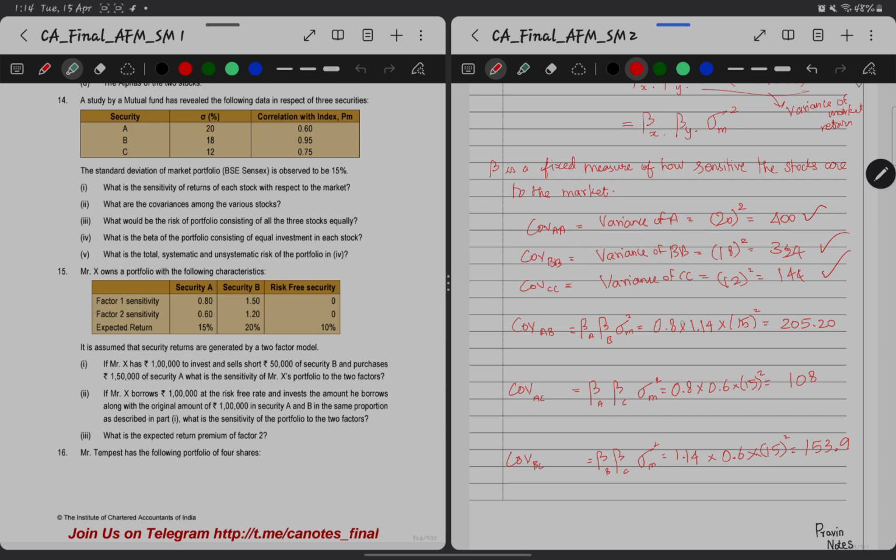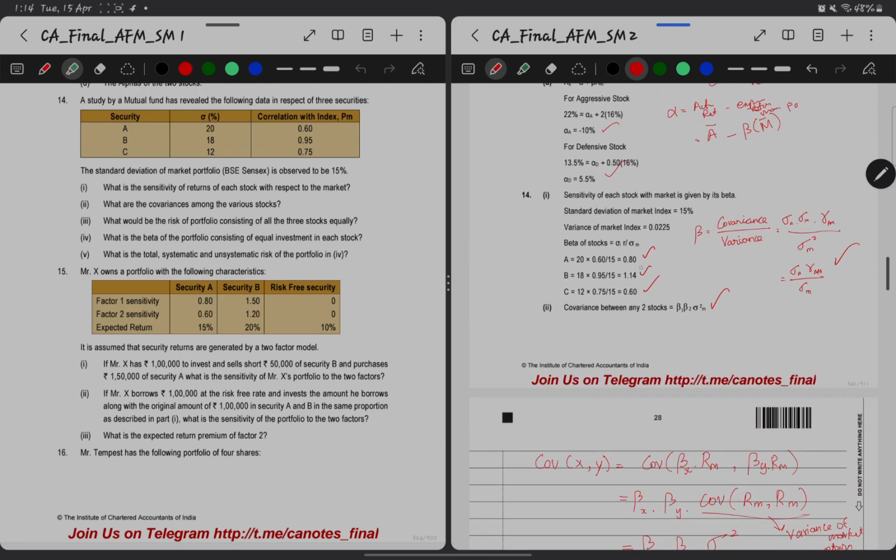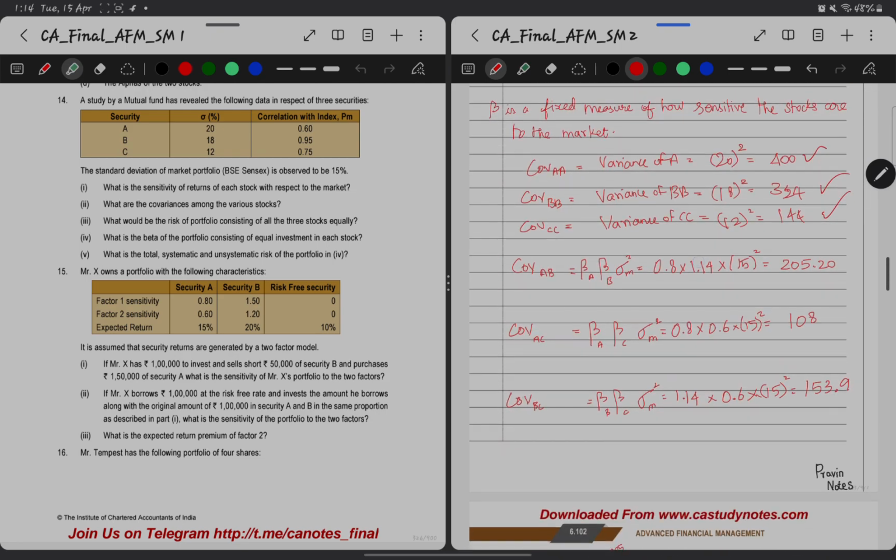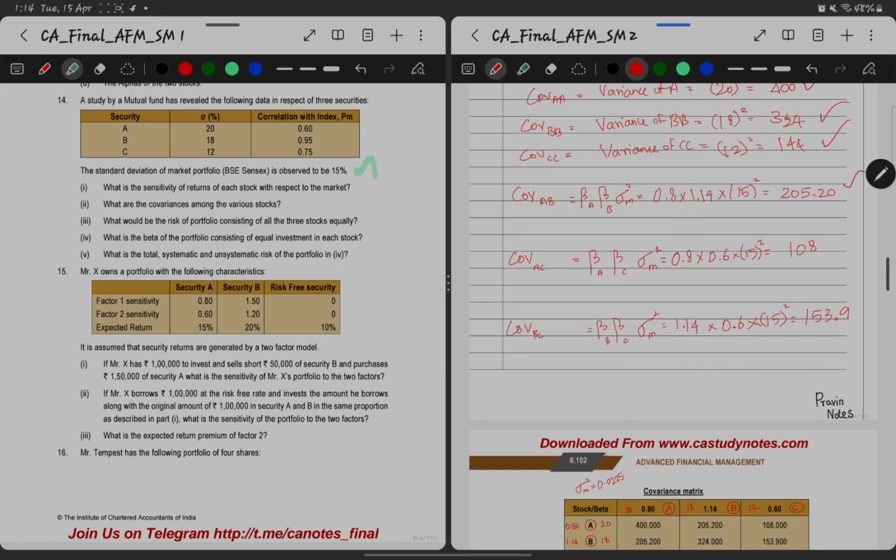So 0.8, which is the beta of A, and 1.14, the beta of B, multiplied by 15 square will give us 205.2. The same goes for AC and BC.